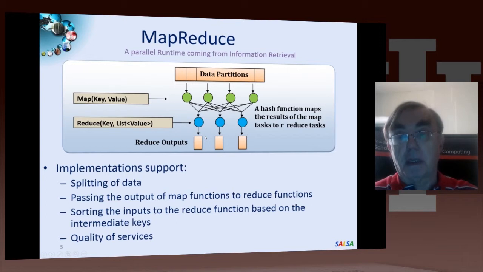namely, the data at the top is the so-called data partitions, which means that every point in the data lives on disk, and that disk is in the traditional cloud architecture attached to a computer. And each computer has part of the data.